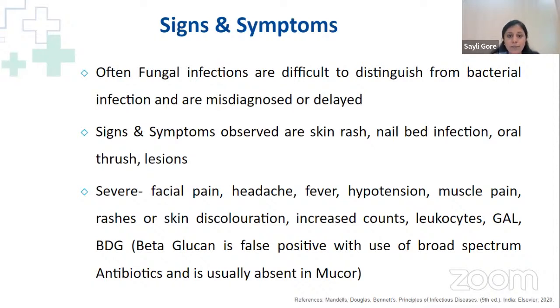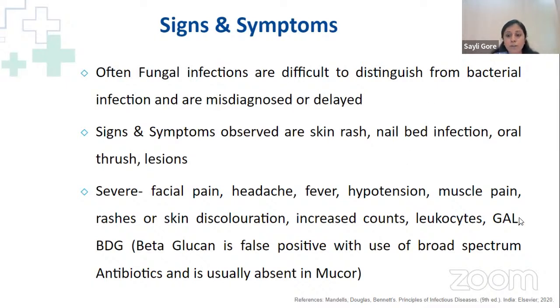Mild to moderate disease may have skin rashes, skin discoloration, lesions, nail bed infection, or oral thrush, which may range from mild to severe. Severe infections present with facial pain, headache, fever, hypotension. Myalgia is one of the symptoms.